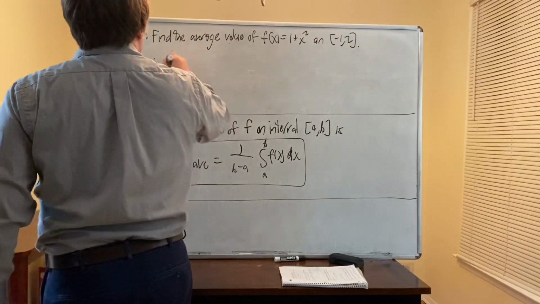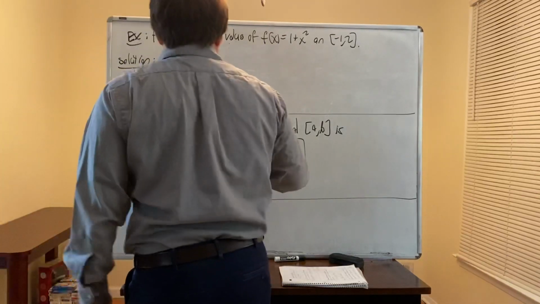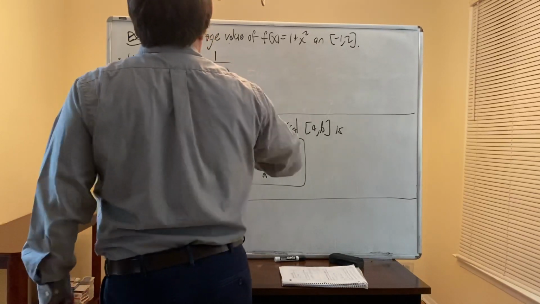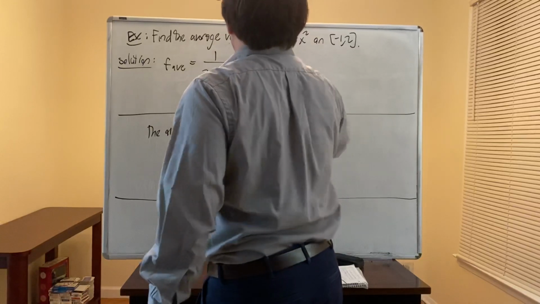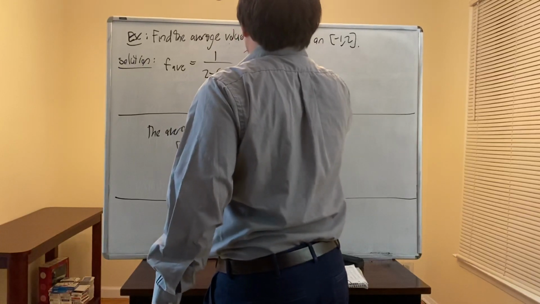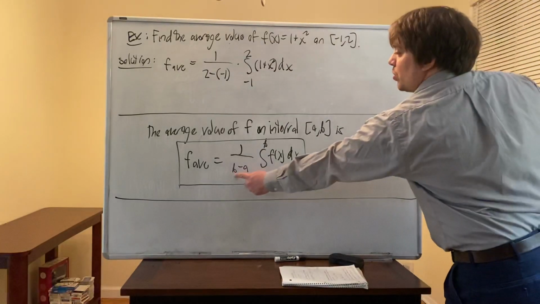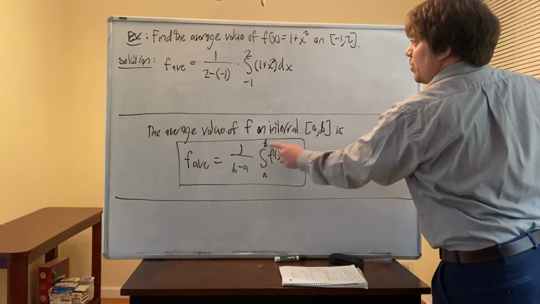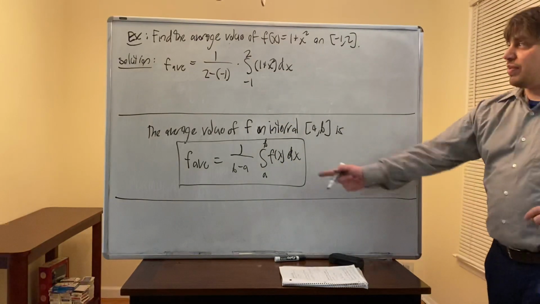Okay, so f average, the average value of that function on that interval, is 1 over b minus a, which is 2 minus -1, times the definite integral from -1 to 2 of 1 plus x squared, which is f of x, dx. So I'm just plugging into the right hand formula.